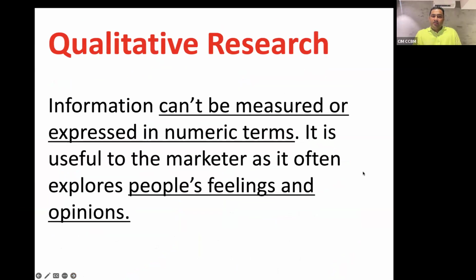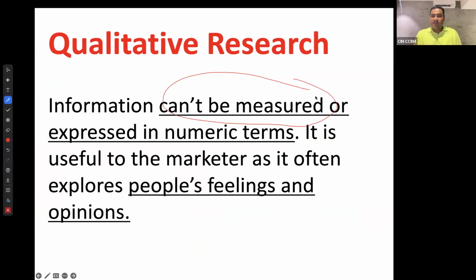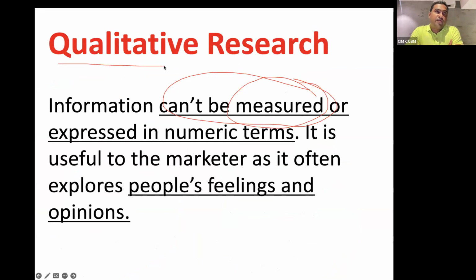So qualitative research, like I told you, is very simple. It is data that you gather that you cannot measure. The critical word here is measure. Cannot measure because it's qualitative. Now, I'll give you an example. If I ask you a question, why did you buy this type of shirt?